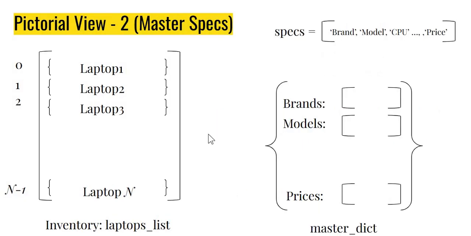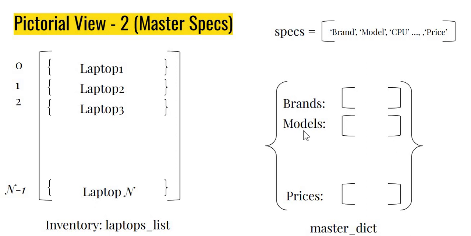Next, we decided to populate these dictionaries for every laptop, because we needed to put some specs to each of the laptops. These specifications came from the master specifications, which was again defined as a dictionary, where the keys were basically plurals of these keys, because we were going to pick the brands, the models, and so on from lists.